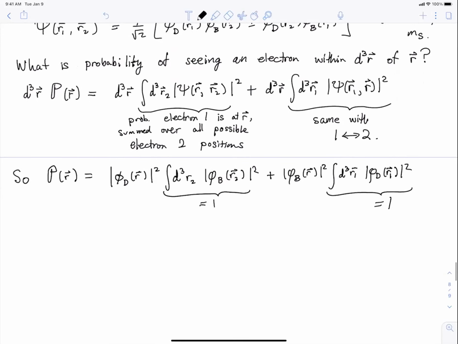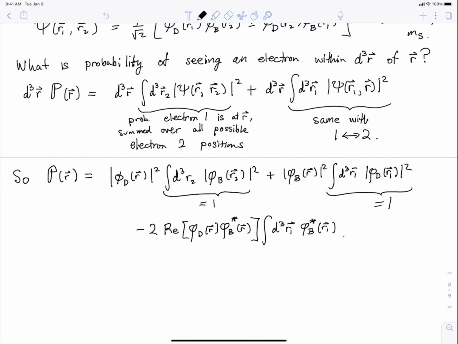And then there's going to be the cross term. Okay, and that's phi DeKalb R, phi Batavia R. And then I need to integrate over the rest of this stuff. And I'm putting my complex conjugation marks here. Let's see.